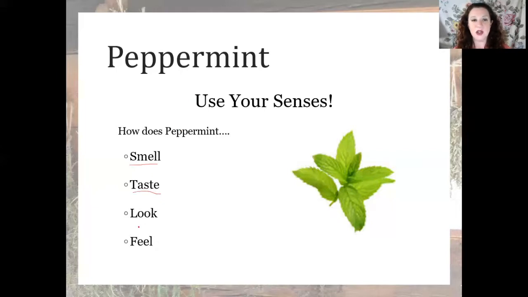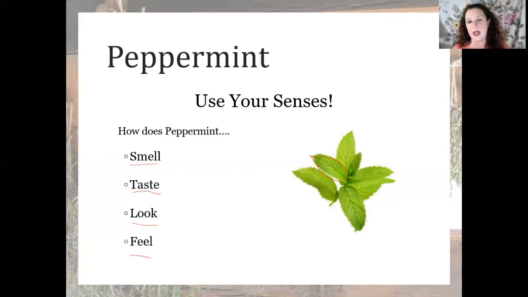Now, as far as look and feel, peppermint is obviously a mint. However, it's slightly different in look and feel than a lot of plants in the mint family. The leaves are a little smaller. They're also a lot smoother.